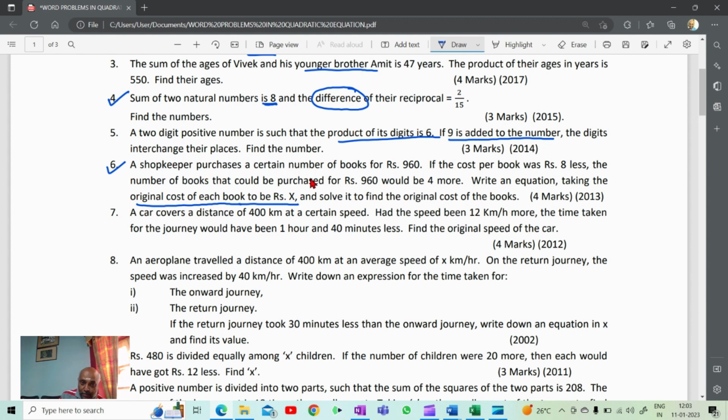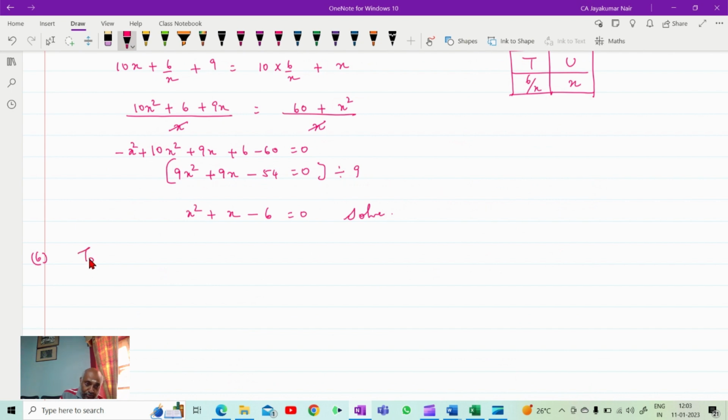So a shopkeeper purchases a certain number of books. I don't know how many books, but he's spending 960 rupees. So the total cost of books is rupees 960. Cost per book is given to you, it's rupees x.